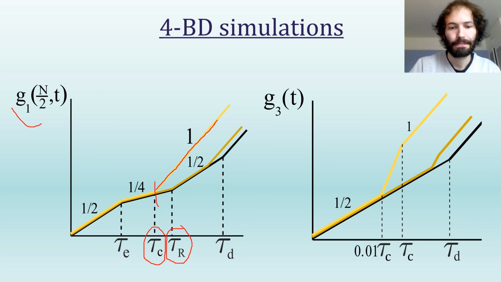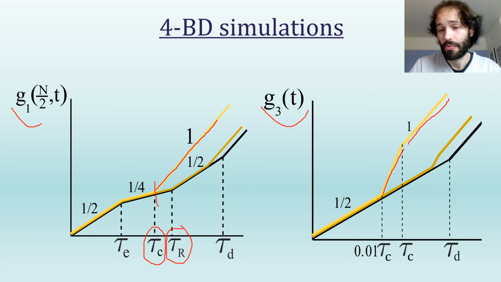Okay? In the case of G3, of the mean square displacement of the center of mass, we see this superdiffusive regime before the final Fickian regime for significant values of the drift.